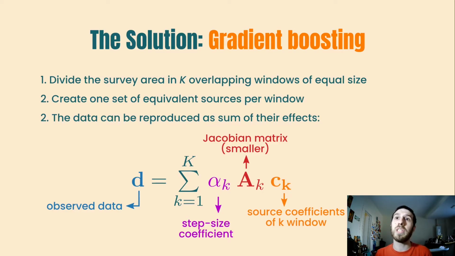So, the vector containing the data can now be equal to the sum over each set of sources of a step size coefficient times a smaller Jacobian matrix times the coefficients vector of the current set. Notice that we have introduced a new parameter, the step size coefficient. It will play an important role in the fitting process.